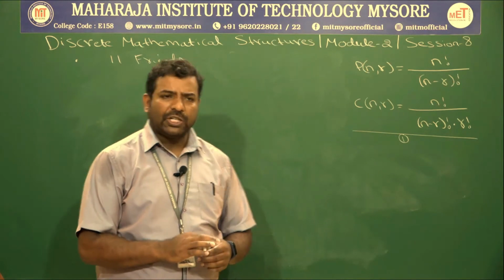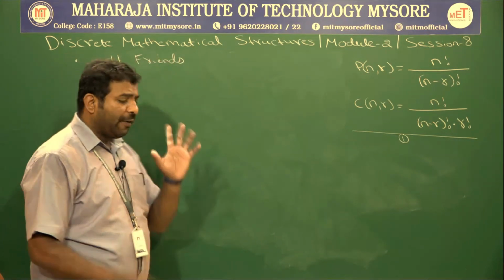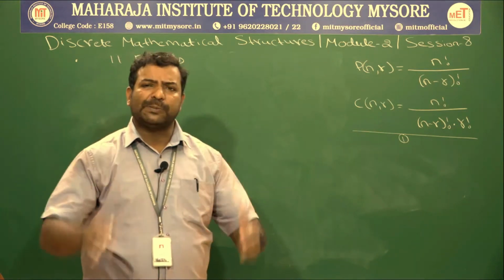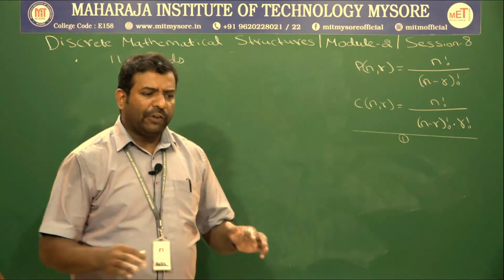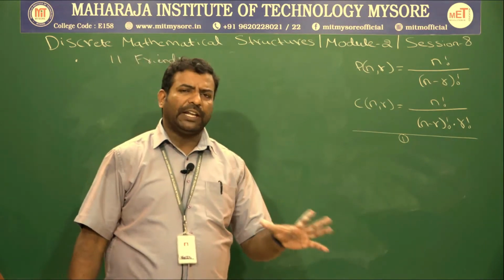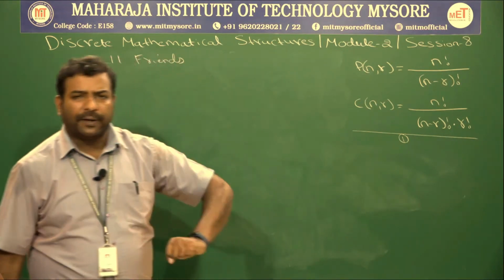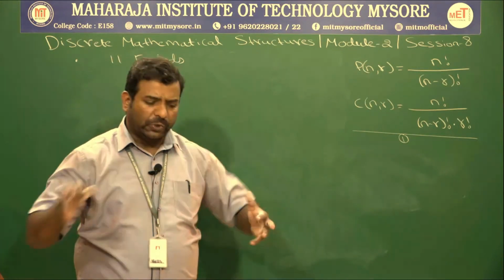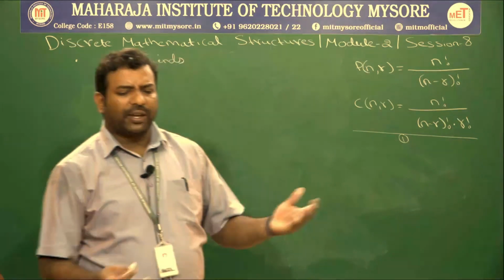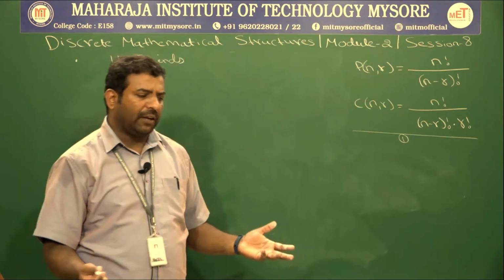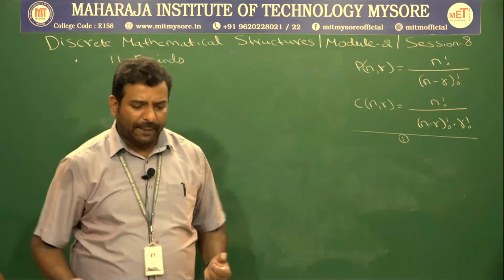You need to invite only 5 for the birthday party, because your parent has put a restriction that you can invite any 5, not more than 5. All the 11 friends are close to you, so you are free to pick any 5 and call them for the birthday party.